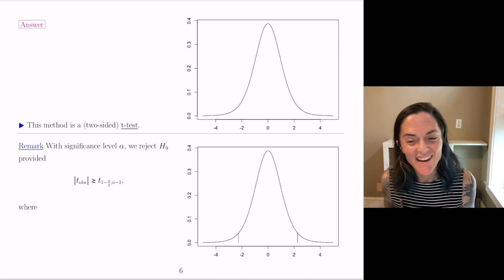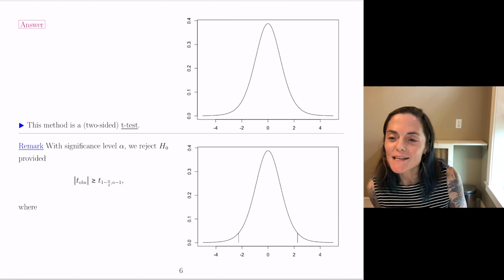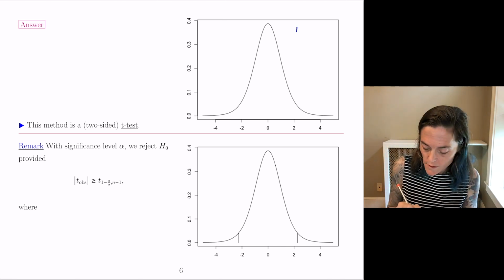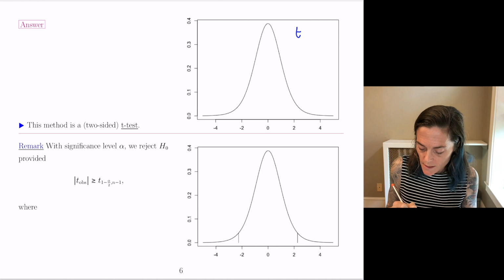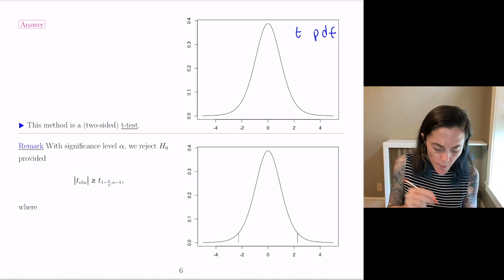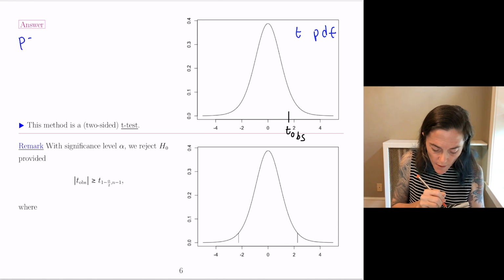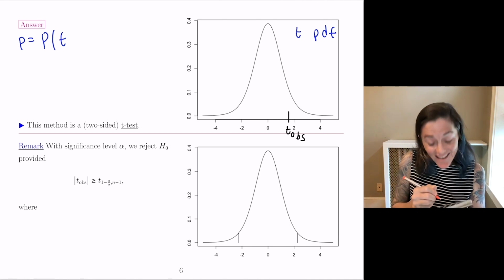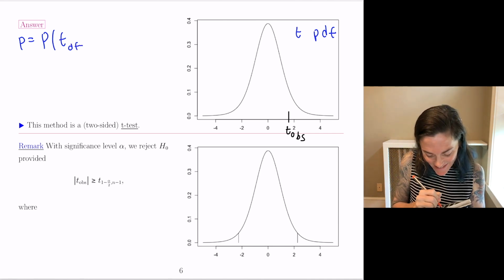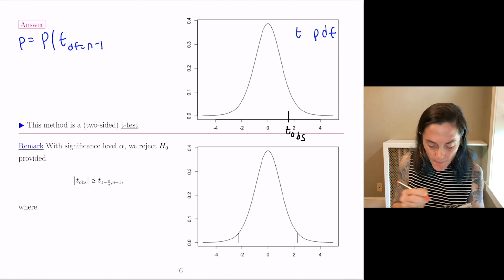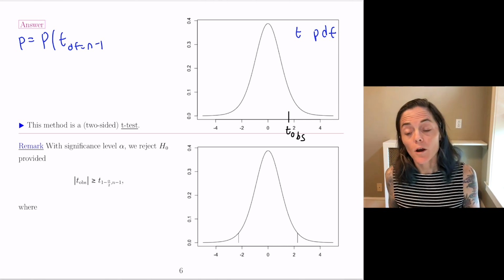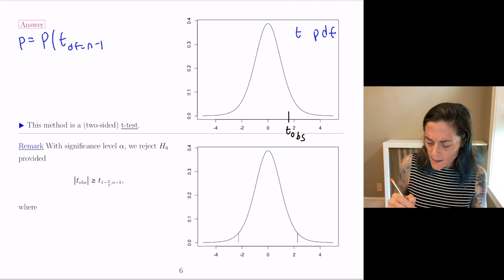Well, the answer to my question, here's the t-distribution, a wonderful t-distribution probability density function. So let's suppose we have a t-value here. Let's say this is our t observed. Well, our p-value will be the probability that t with n minus 1 degrees of freedom is at least this far away. So let's draw it here.